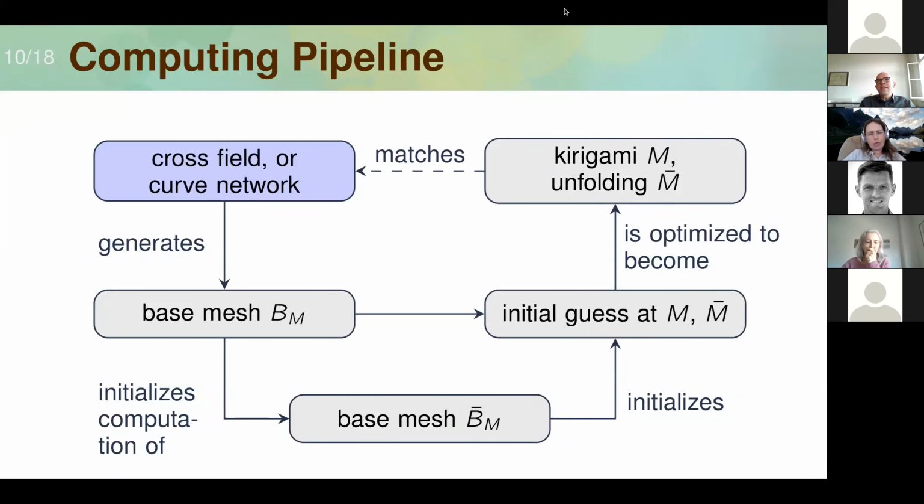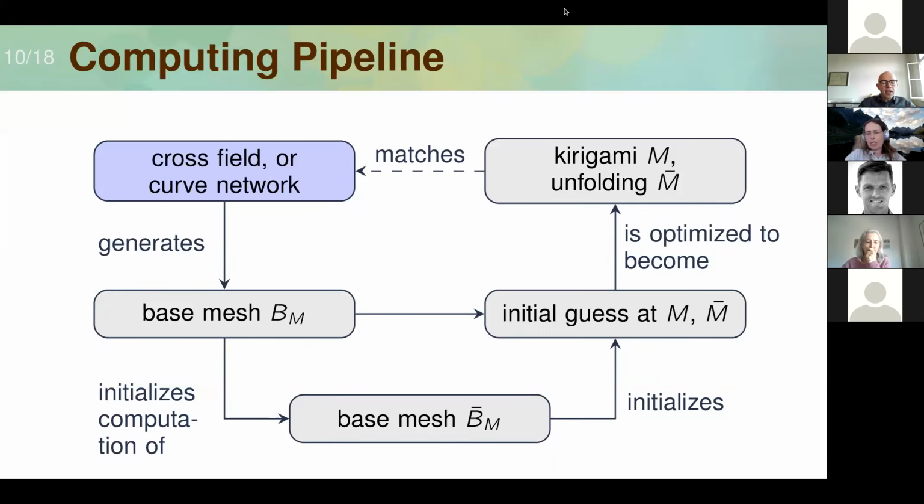This already brings us to the problem of computation of such structures. So we start with a cross field or a curve network, which is equivalent because there are standard procedures to compute the curve networks from cross fields. And there are also standard procedures to generate a base mesh that follows that cross field or curve network. So the first step is that we generate a base mesh from this cross field or curve network.